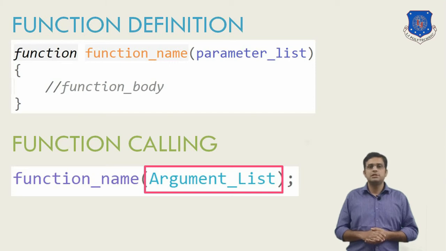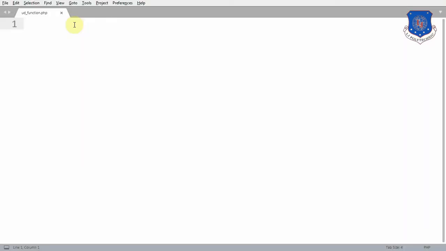Let us now see the above discussion with an example. So this is my text editor and I have already saved one PHP file as ud_function. Let's now start to create a user-defined function.